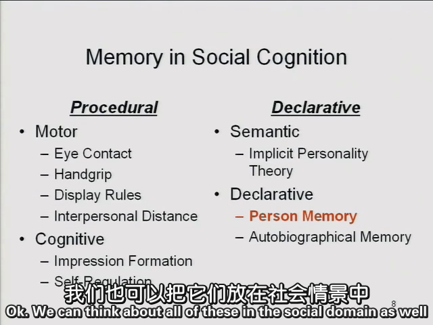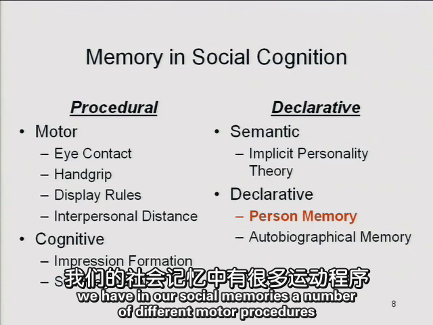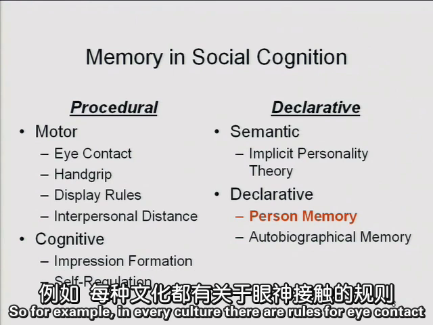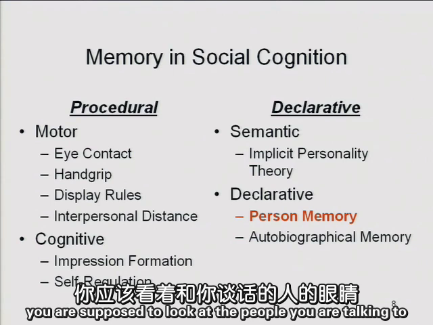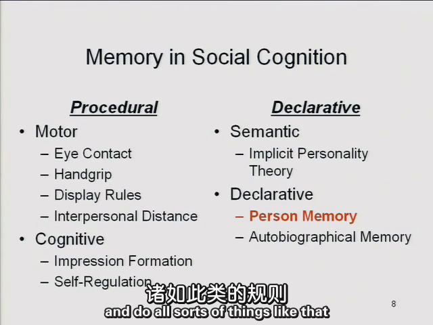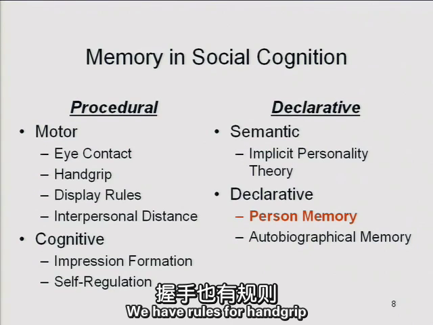Okay. We can think about all of this in the social domain as well. So, for example, we have in our social memories a number of different motor procedures, knowledge about how to do various kinds of things in the social domain. For example, in every culture there are rules for eye contact. You're supposed to look at the people you're talking to. You're not supposed to look at them for too long because it makes them nervous, but you're not supposed to turn your head away and do all sorts of things like that. There's a rule for how to make eye contact. We have rules for hand grip.